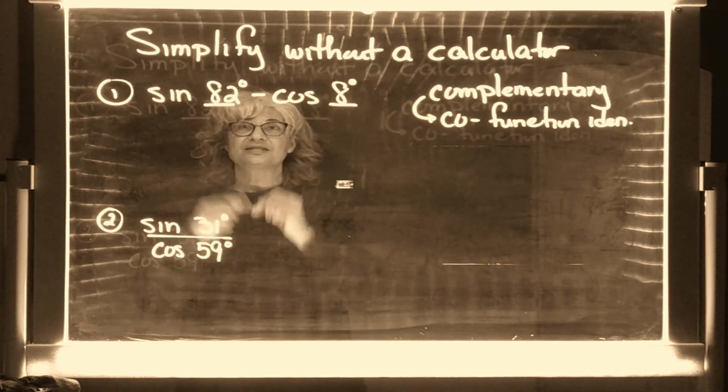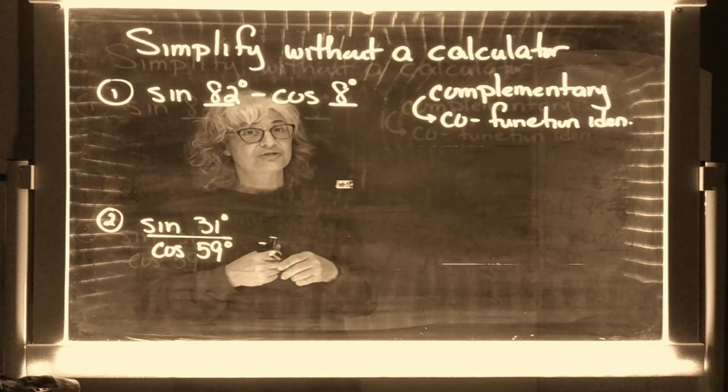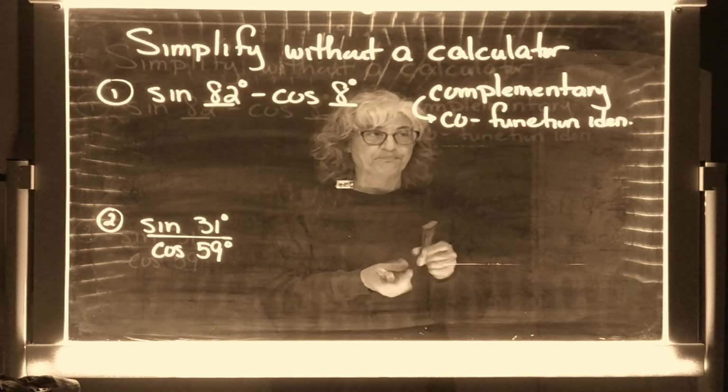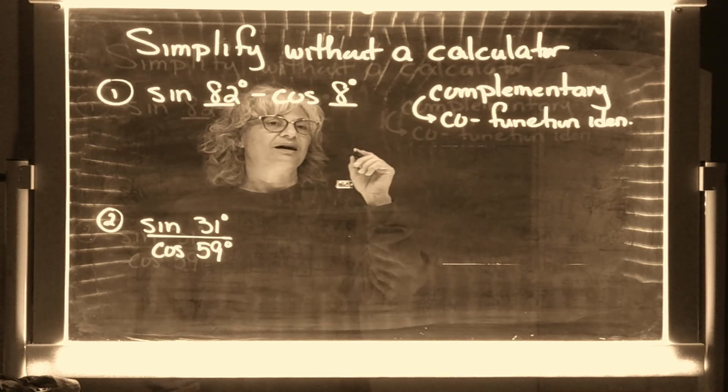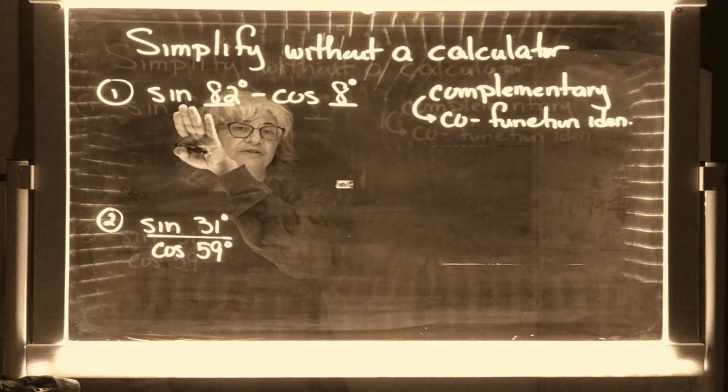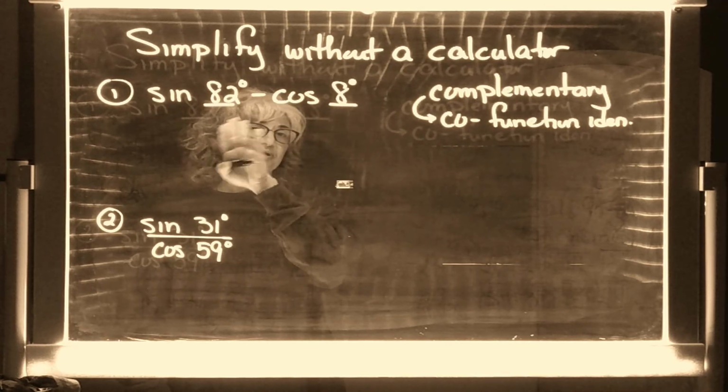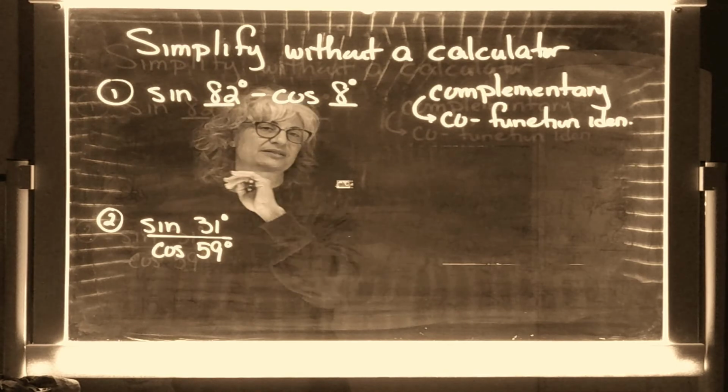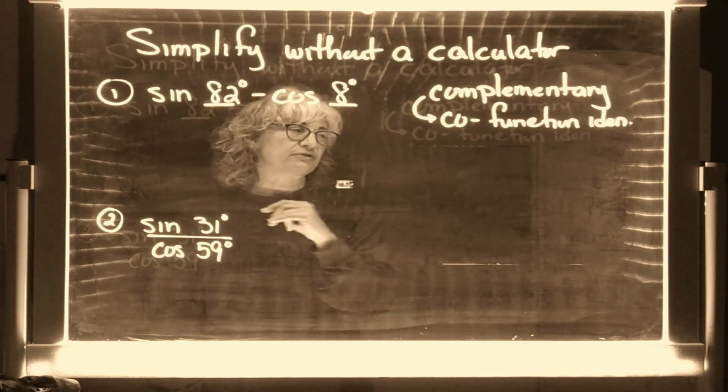Now, this one involves sine and cosine. It doesn't matter which trig function I look at, the sine or the cosine, it doesn't matter. I'm just going to look at the sine. Why? Because it's written first.